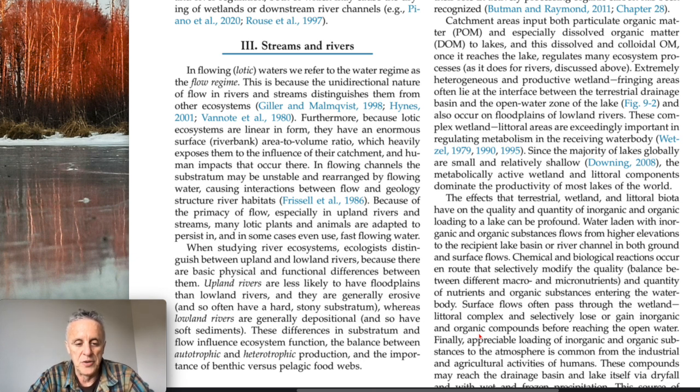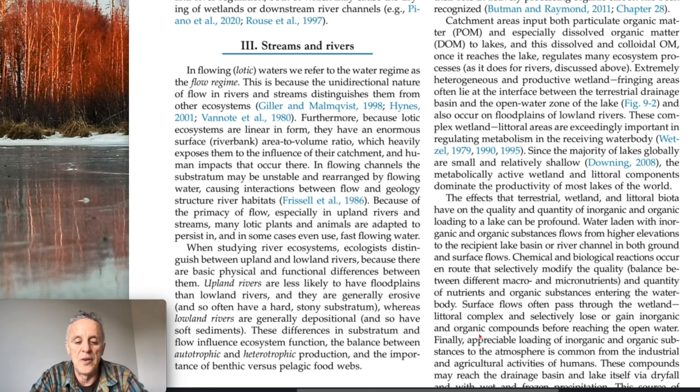In flowing channels, the substratum may be unstable and rearranged by flowing water, causing interaction between flow and geological structure in river habitats. Because of the primacy of flow, especially in upland rivers and streams, many lotic plants and animals are adapted to persist in, and in some cases even use, fast-flowing water.